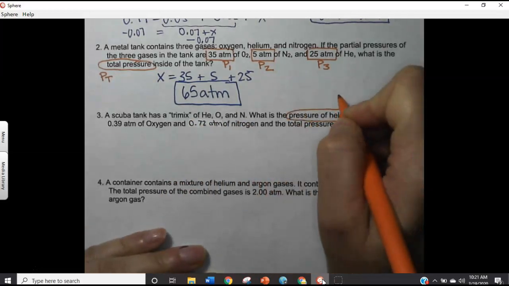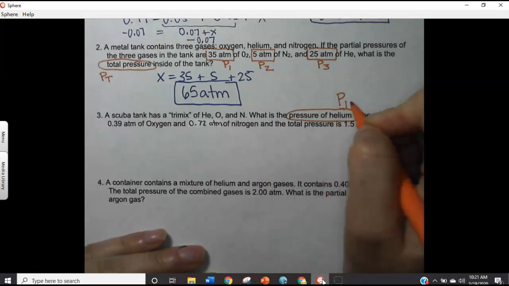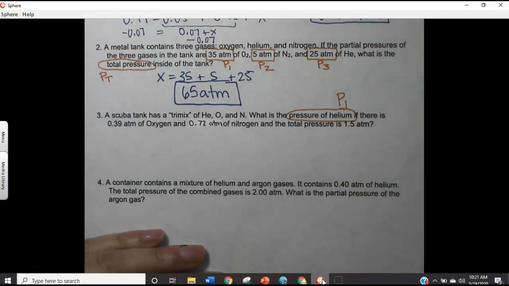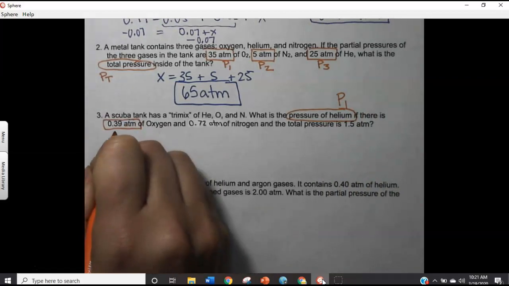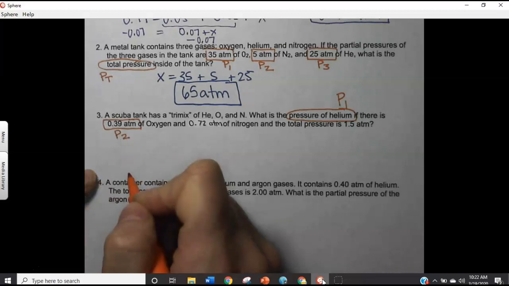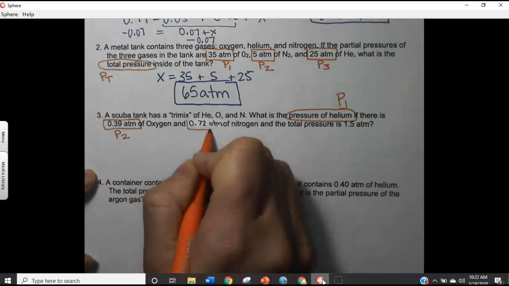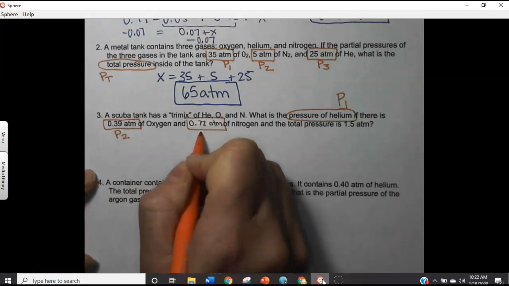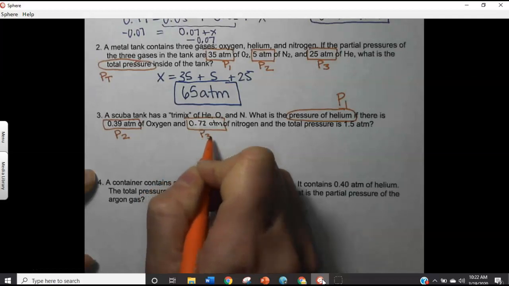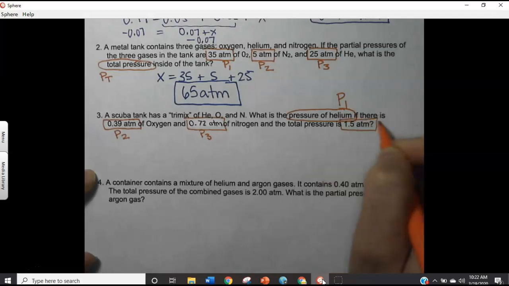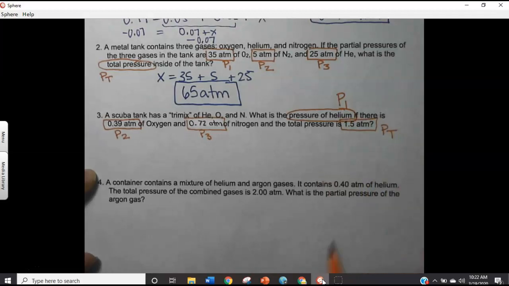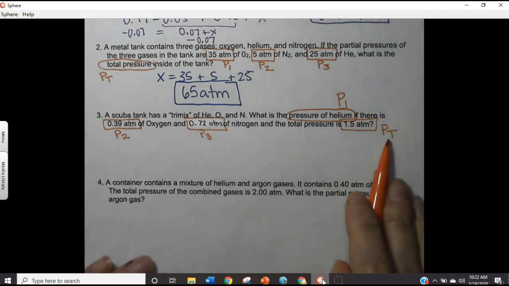So they're asking me to solve for one of the pressures, and I'm going to say P1 is what I'm solving for. If there is 0.39 atm of oxygen, so that's another part of the pressure, and 0.72 atm of nitrogen, that's another part of this pressure, and the total pressure of this tank is 1.5 atm, PT. So you need to make sure we're definitely getting the total pressure labeled correctly.